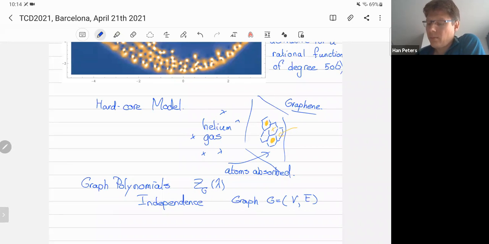And it depends on a number, lambda, the parameter, which could be real if you're a physicist. But if you really want to understand what's going on, of course, you should consider complex lambda. And what's the formula for this polynomial? You consider all subsets I of the points, where you only consider independent subsets, and you take lambda to the power the size of I.